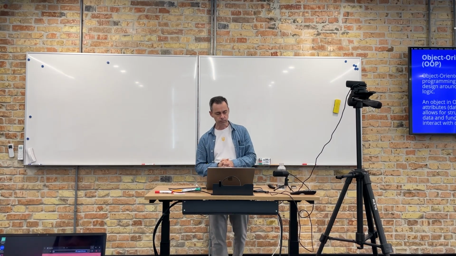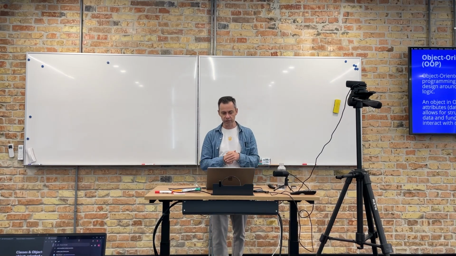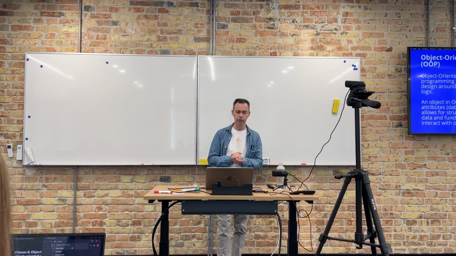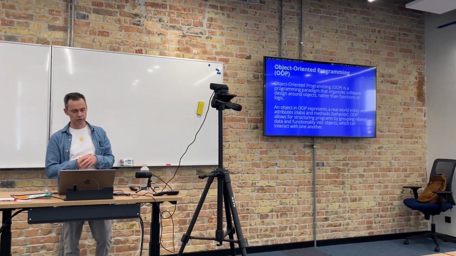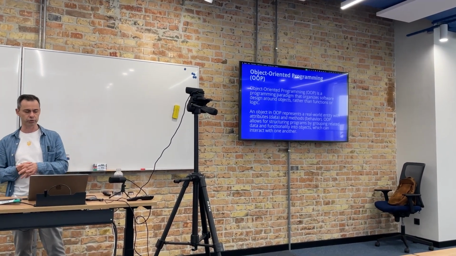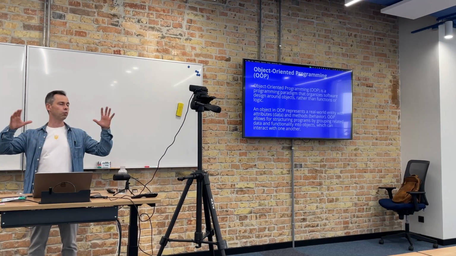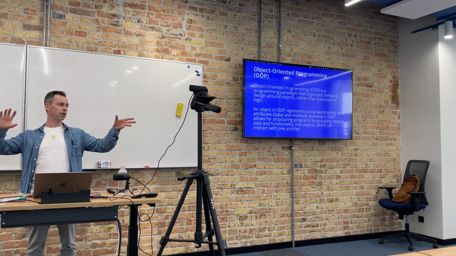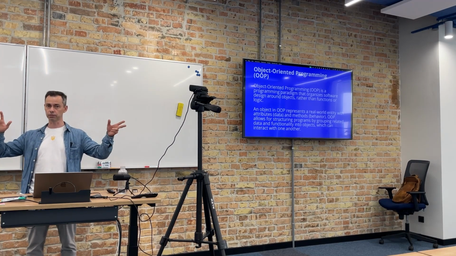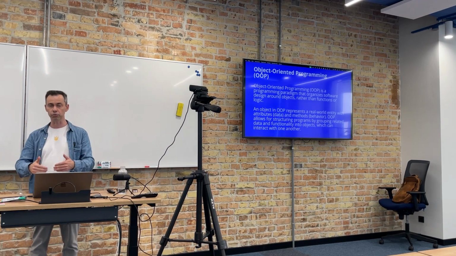An object in object-oriented programming represents a real-world entity with attributes, which is data, and methods, which is behavior. Object-oriented programming allows for structuring programs by grouping related data and functionality into objects. Before that, we had just methods. Methods, what do you think? Are methods related to data or behavior? Behavior, because a method is to do something, to execute.